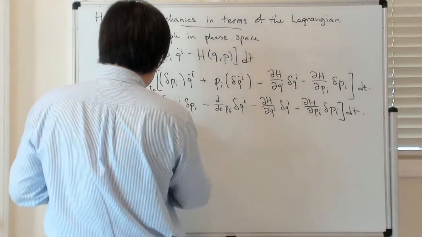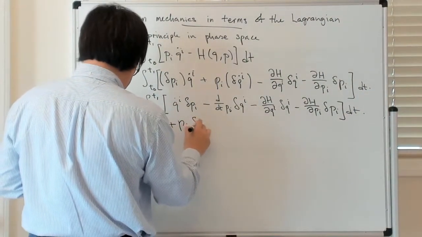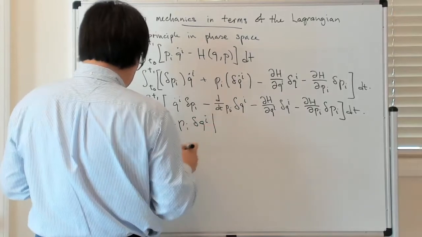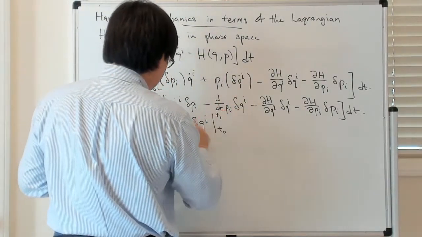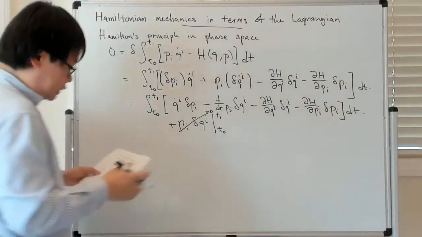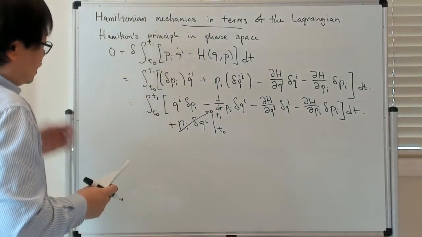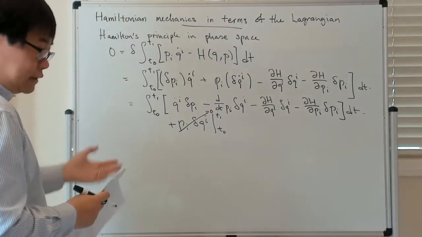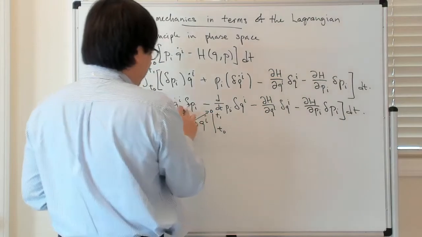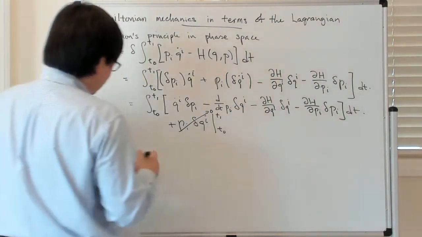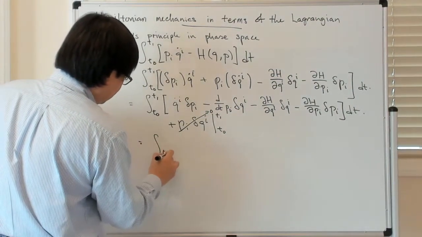Then there's a boundary term which is pi variation of qi, evaluated at the limits t0 and t1, and of course this vanishes because of the endpoints being fixed in the variations. So you're just now left with variations in p and variations in q, so we can start collecting terms.